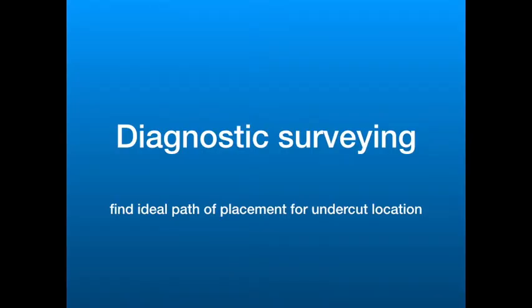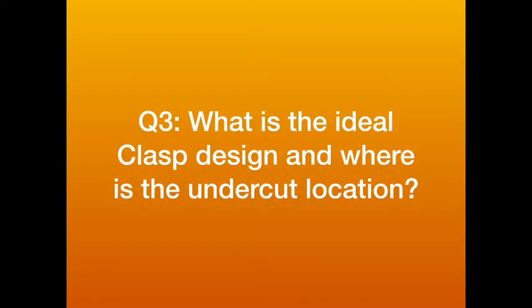After that, you start to do what we call diagnostic surveying. It means you already have some idea, and you try to find out if you can find the undercuts so you can design the clasp locations. Before you do that, you should know what clasp design you can have and where the undercut locations are.